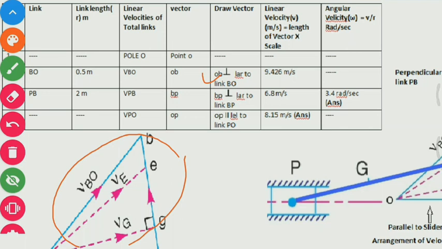Similarly, draw a vector OP parallel to the link PO, that is parallel to the velocity of slider path. Now in this column we can calculate the linear velocities by multiplying the scale. In the last column it is shown that we can calculate the angular velocity also by using the relation omega is equal to V by R.